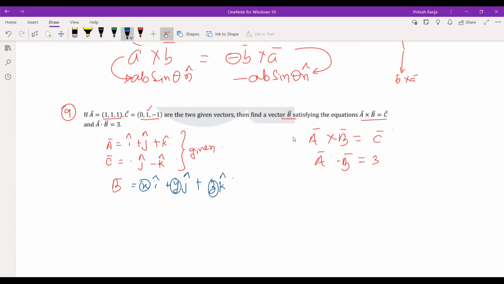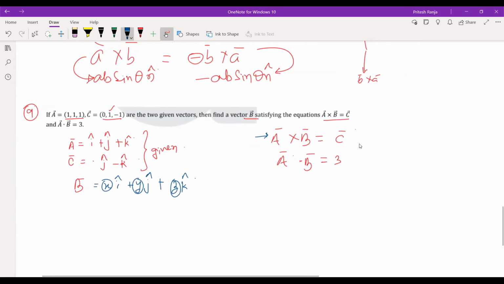So let us put in the first equation which is given to us. a cross b, that means i, j, k, in a we have 1 1 1 and in b we have x, y, z.